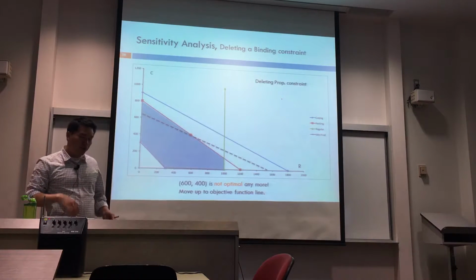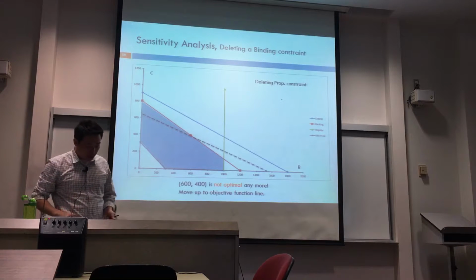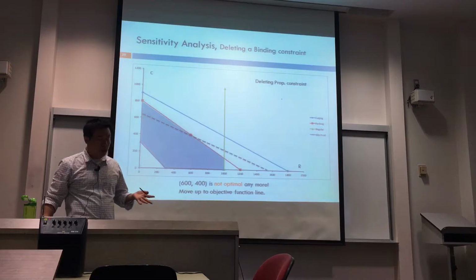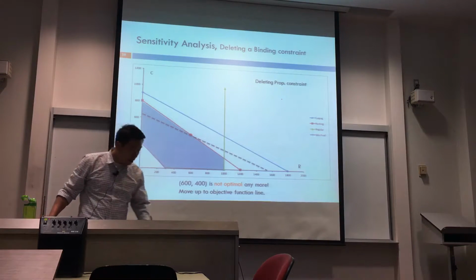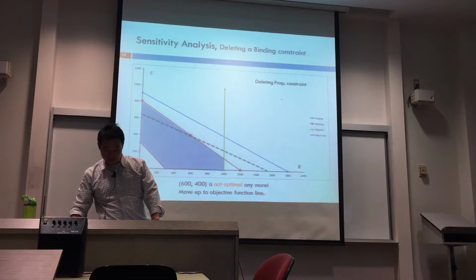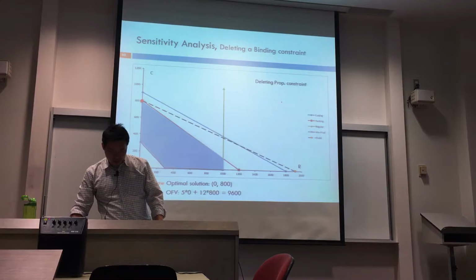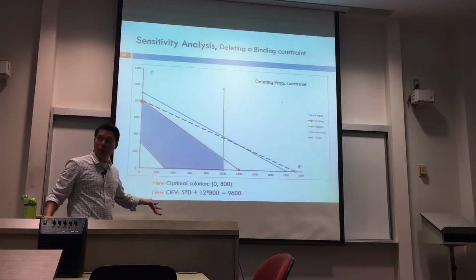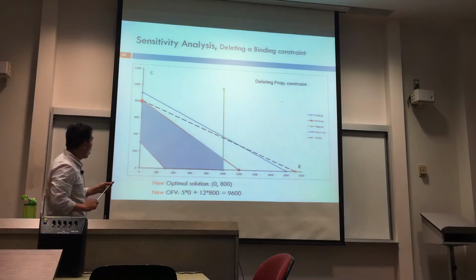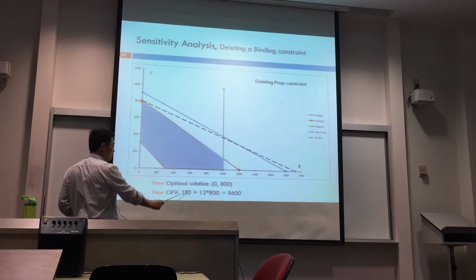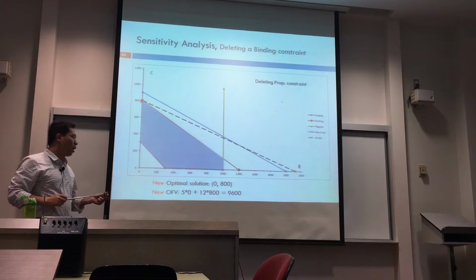So this tells us if you delete a binding constraint, the optimal solution very likely is going to change, right? And of course, graphically speaking, we know this is the new optimal, and you can also find the new OFV.